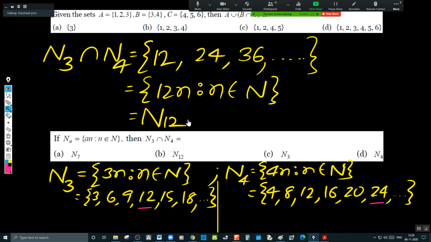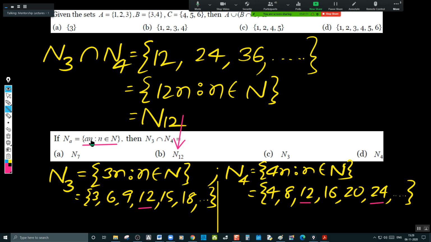Sir, can you repeat the second one? What is the meaning of intersection? Common elements. So what is common here? 12, 24, 36. That's what I wrote. It is written in the form of An is as n belongs to N. An means what is there in place of a here? 12, 12 into 2, 12 into 3, 12 into 4, like that.